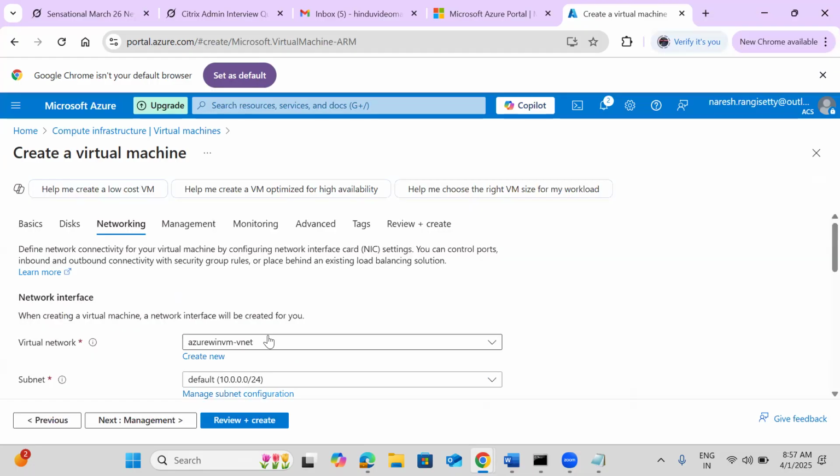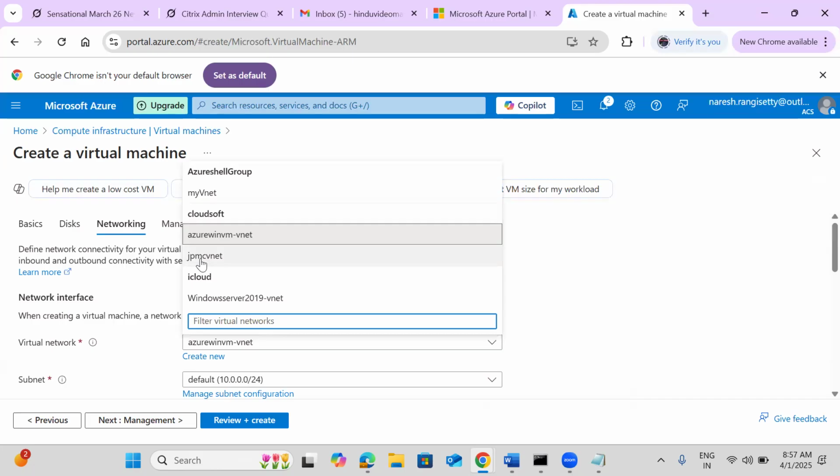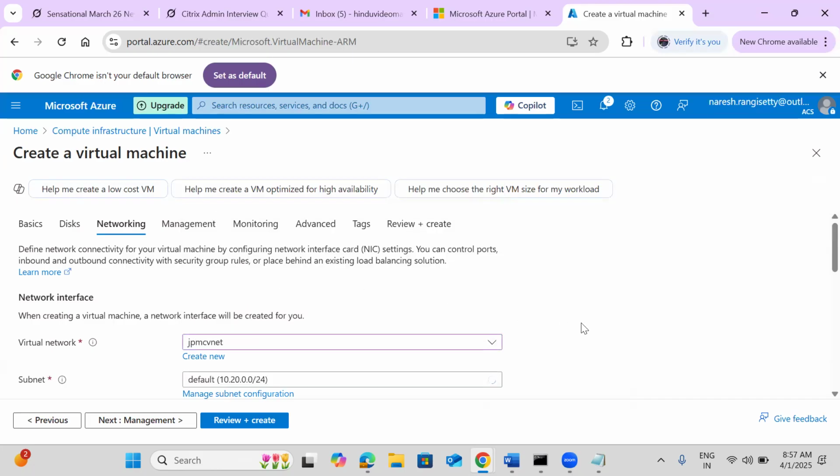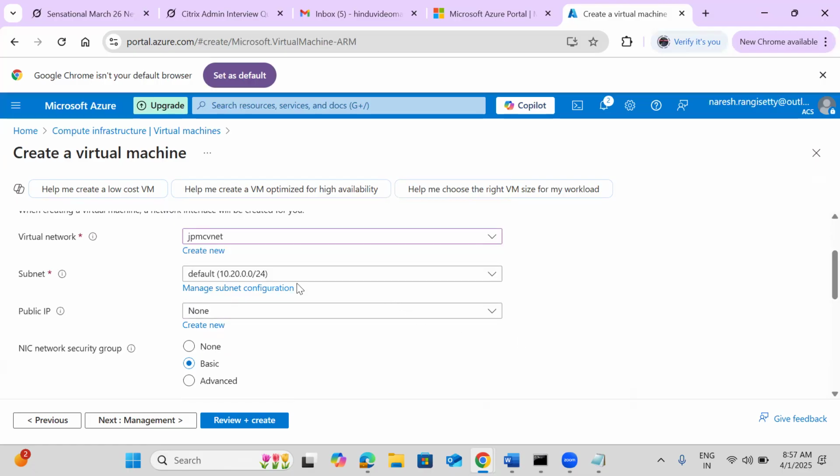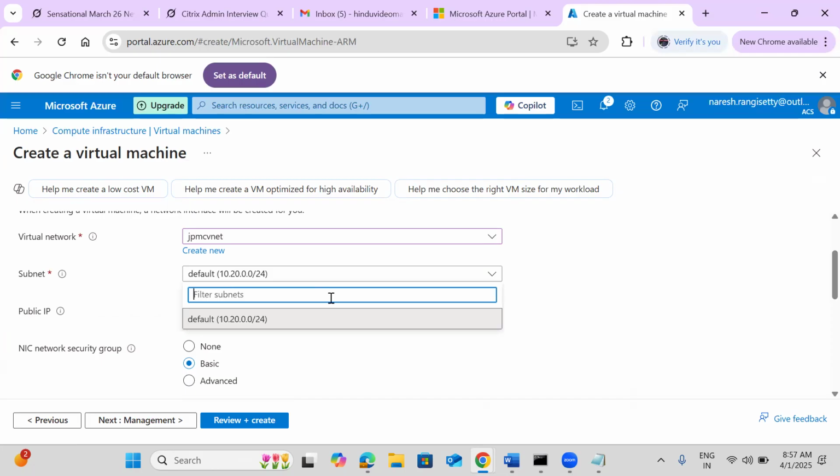Then here, which VNet we want, we can choose. Say JPMC, we got this JPMC VNet, 10.20. If you give the public IP here, that's going to become a public subnet, and you can attach whichever subnet. Because we have given only one subnet there, depending upon our requirement we need to choose which subnet.